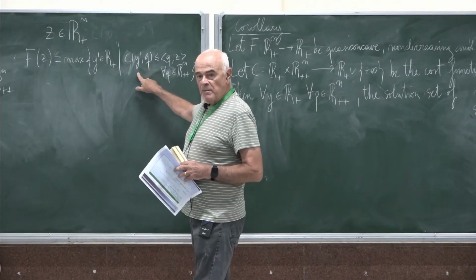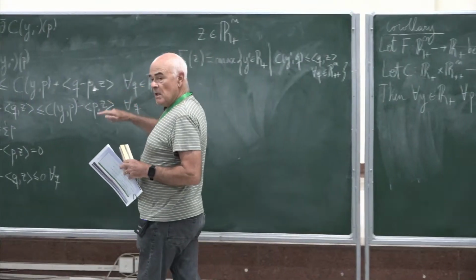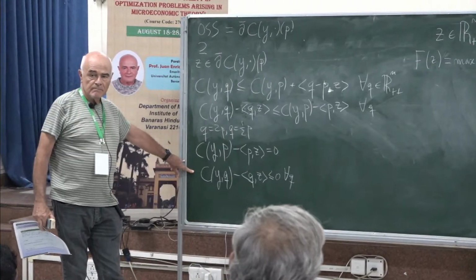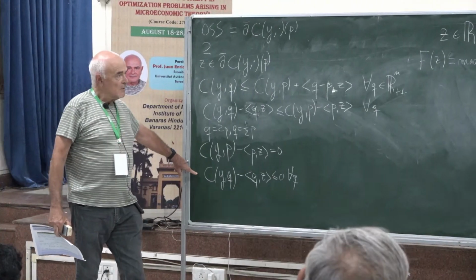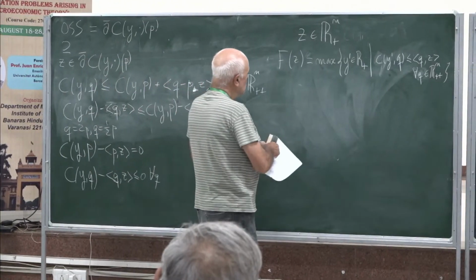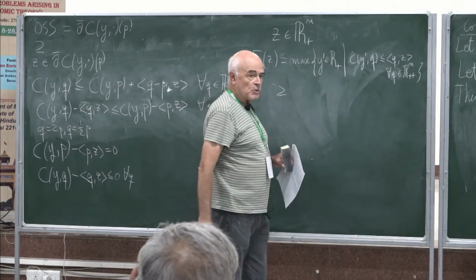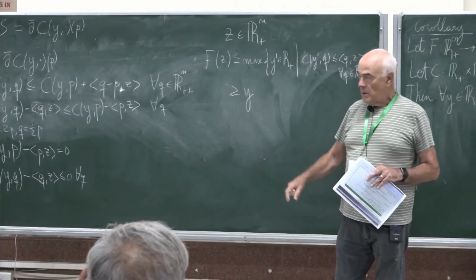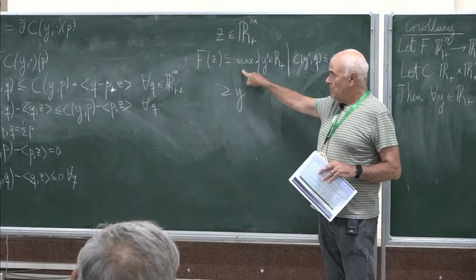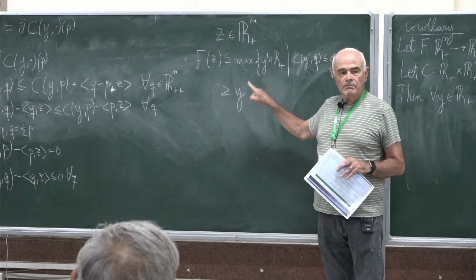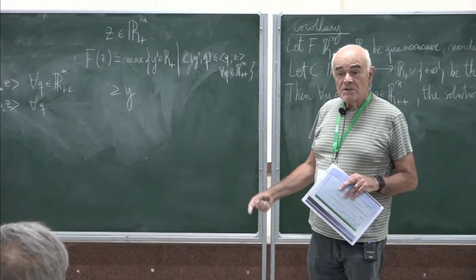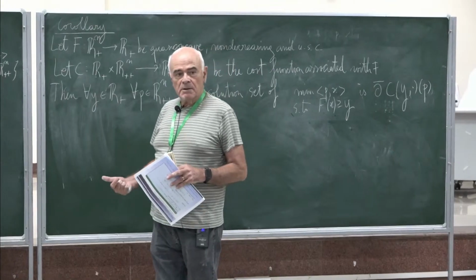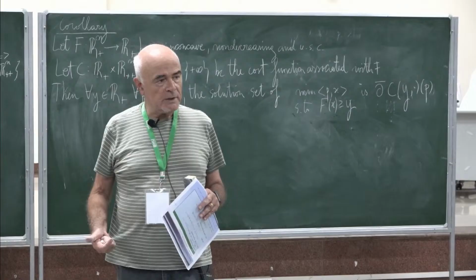But among these y' there is our y. This is in the set here, so this is larger or equal to our y. I'm considering the maximum of all these y', and y is one of them. This means z is feasible for this problem. It's a genuine input vector and satisfies the constraint.